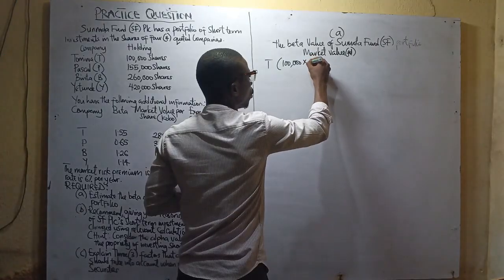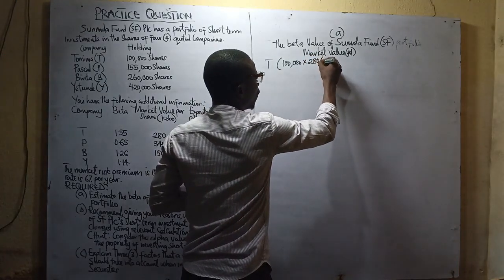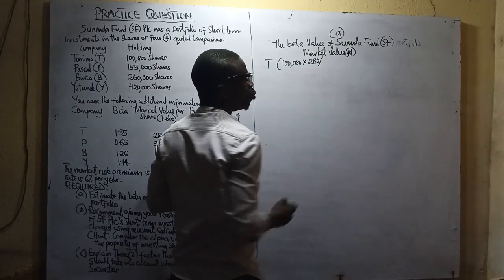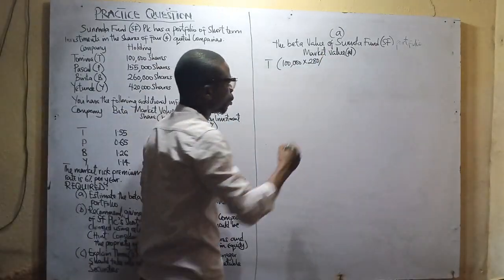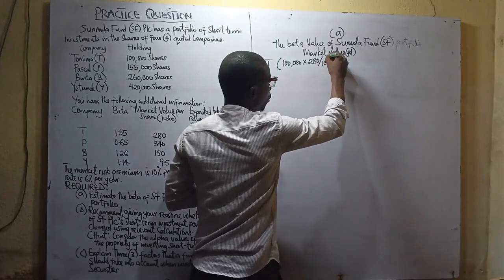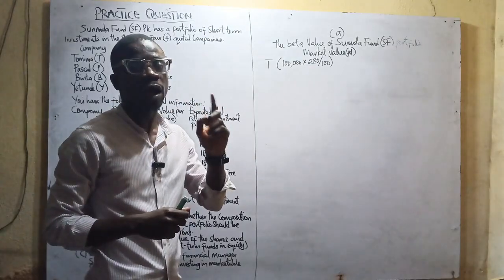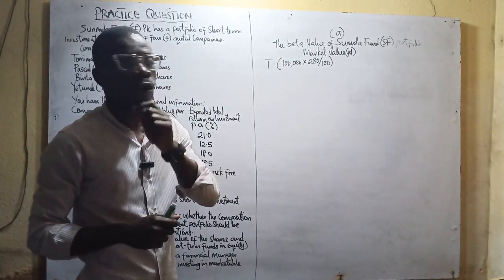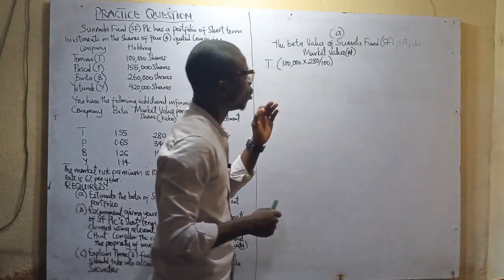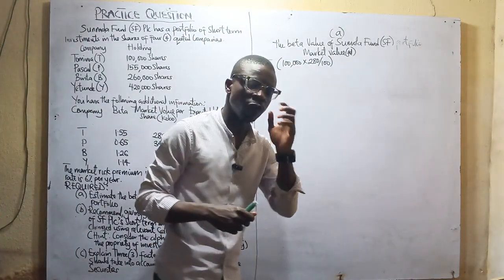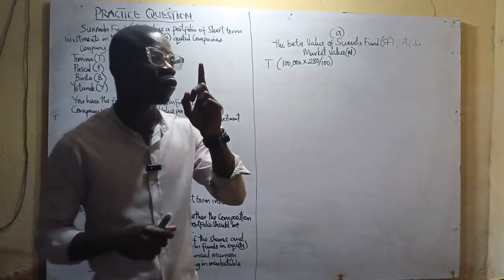Because it's in kobo, we are going to divide it by 100, because one naira is equivalent to 100 kobo. So for every 100 kobo, it makes 1 naira.